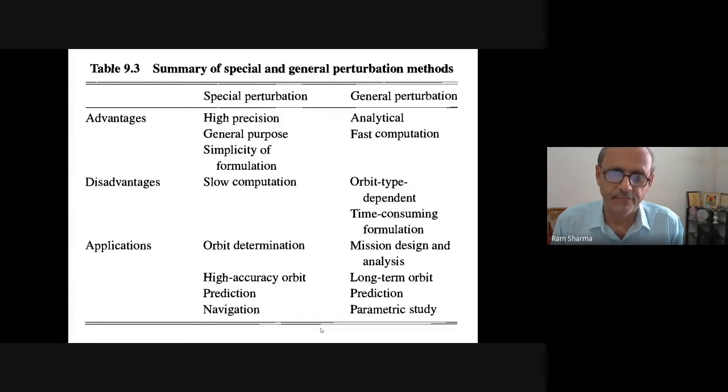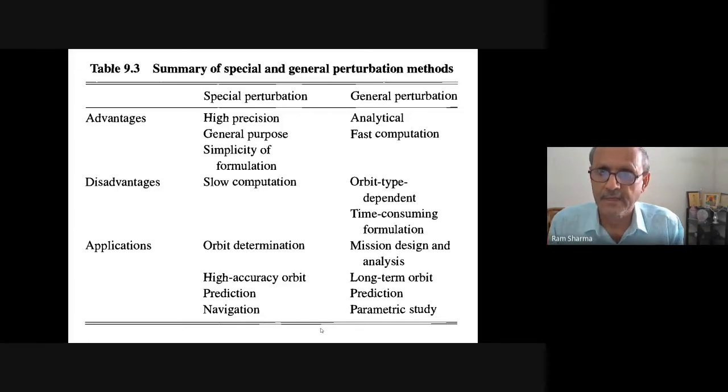We might get a first order. We may use both. We may use the analytical methods and get the orbit approximately or almost nearby, and then use the special perturbation method and get the very correct orbit, and use a very sophisticated force model also. So high accuracy orbit prediction and navigation, these are all the applications for special perturbation.